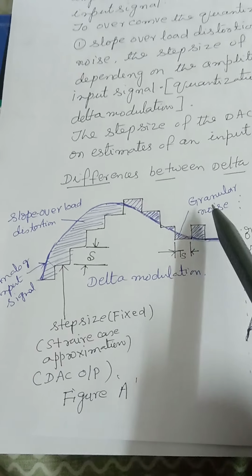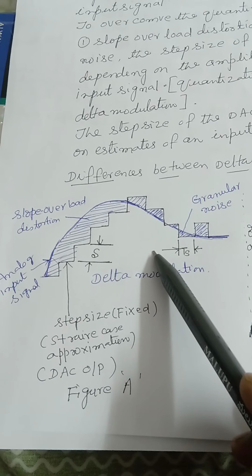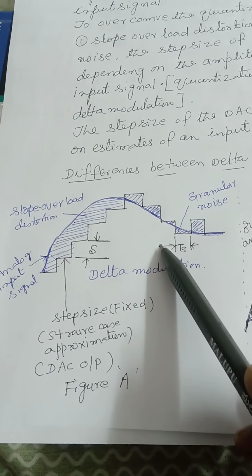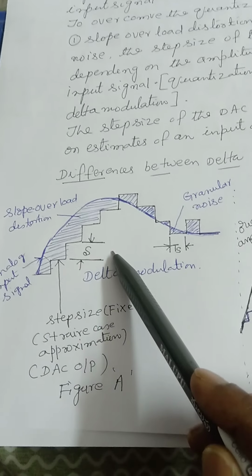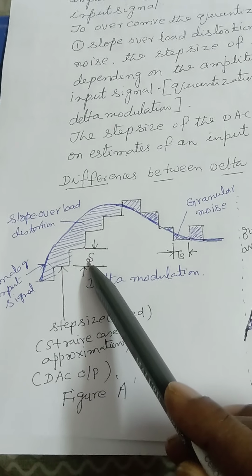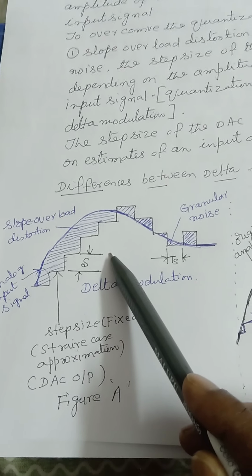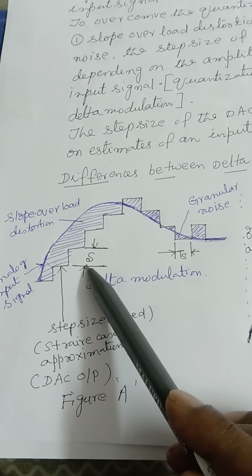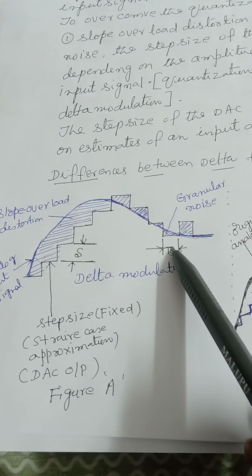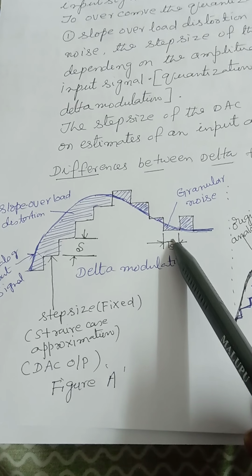Therefore, granular noise arises here. Now you see the diagram. Delta is equal to the step size, which is fixed in the DAC in delta modulation, and Ts is equal to the sampling time period.